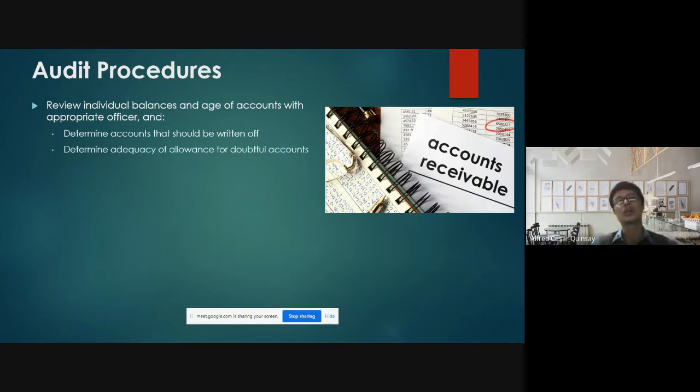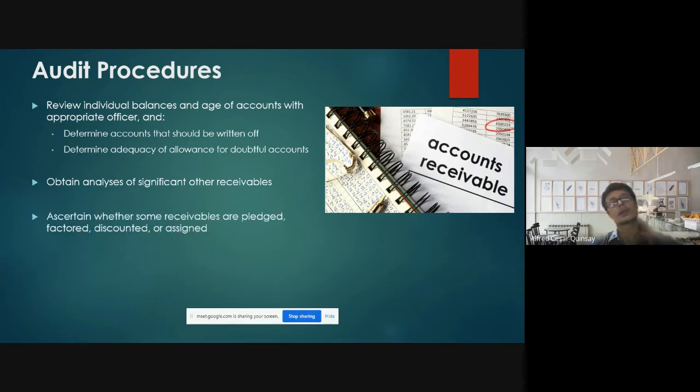Determine the adequacy of the allowance for doubtful accounts, whether the receivables are matched properly with the allowance in order to get the net realizable value. Obtain an analysis of significant other receivables and ascertain whether some receivables are pledged.